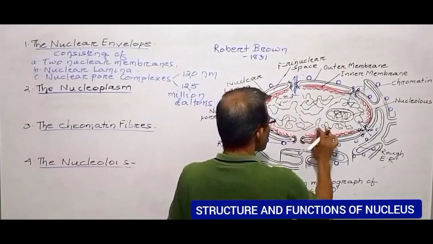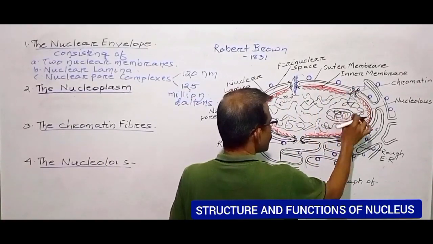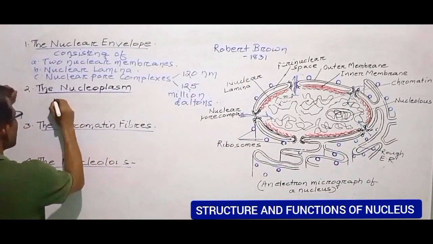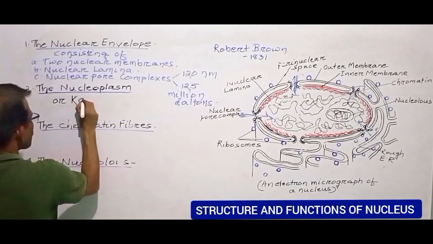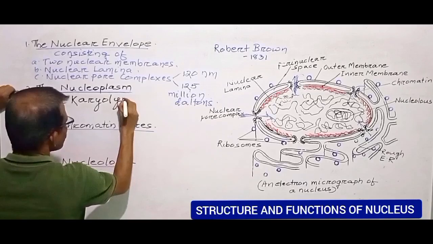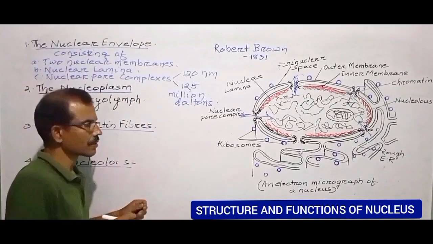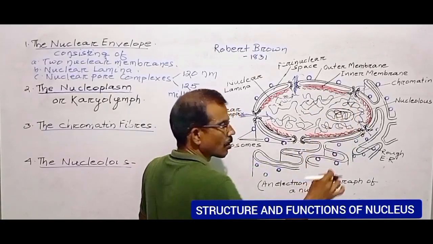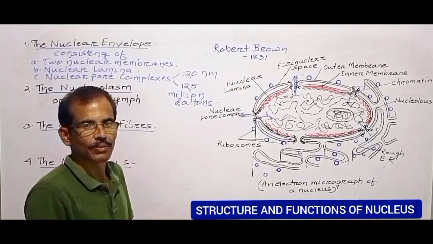The space between the nuclear envelope and the nucleolus is filled by a clear gel-like fluid known as the nucleoplasm or karyolymph. Nuclear components such as the chromatin fibers and the nucleolus are all suspended in the nucleoplasm.